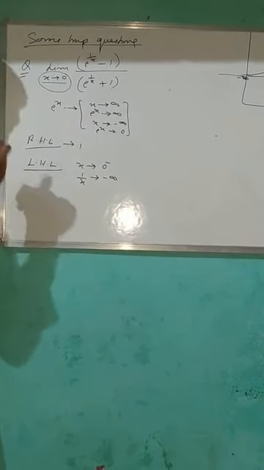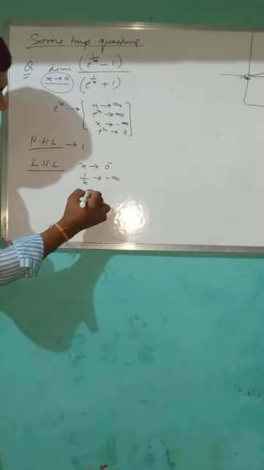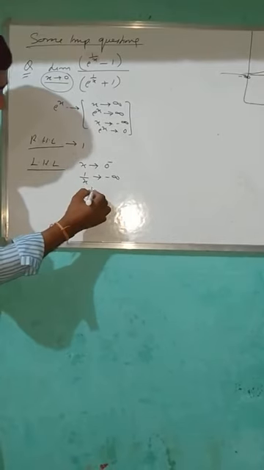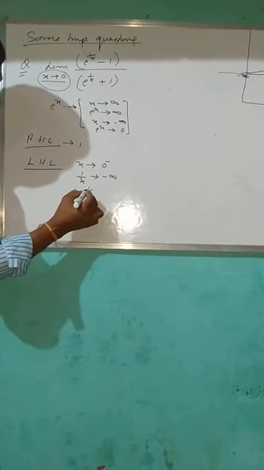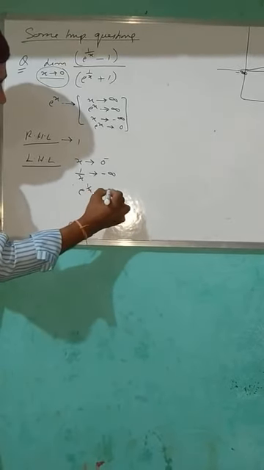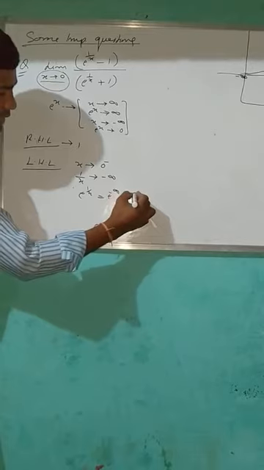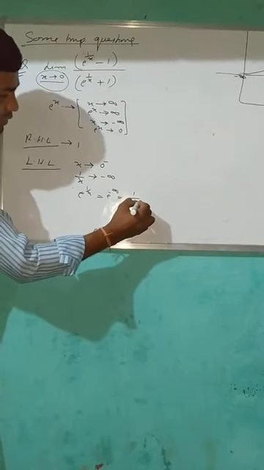So e to the power 1 upon x is e to the power minus infinity, which is equal to 1 upon e to the power infinity.